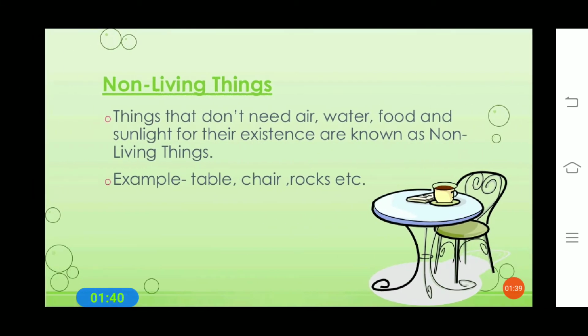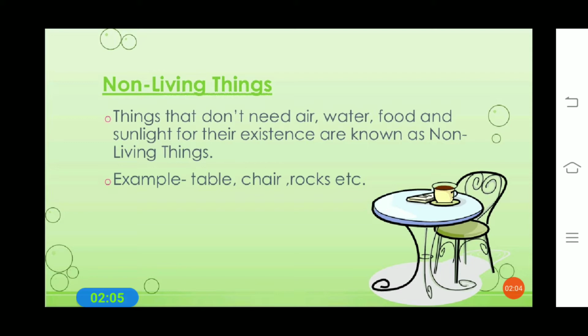Whereas non-living things are the things that don't need any kind of air, water, food and sunlight for their existence. Because these are all non-living things, they do not grow, they do not walk. Any other characteristics, we can't see in non-living things.